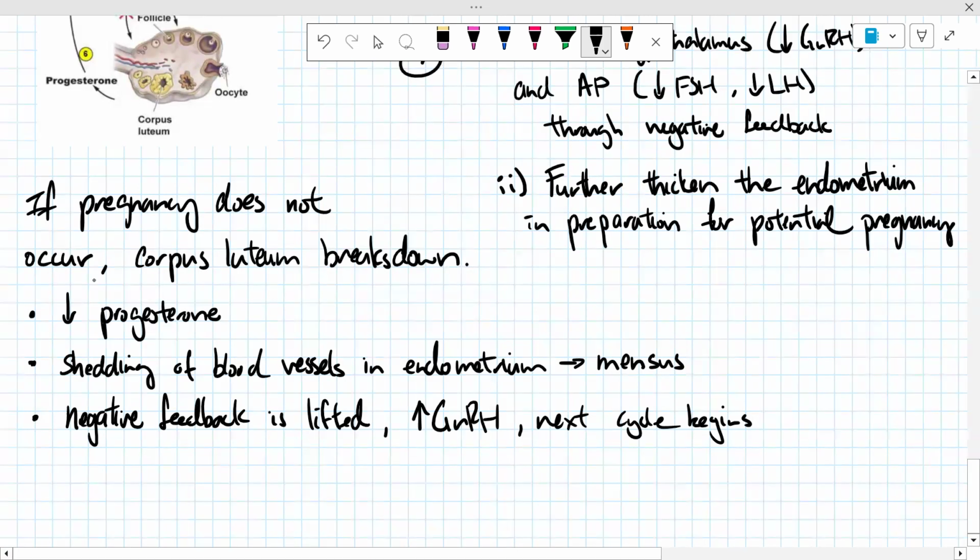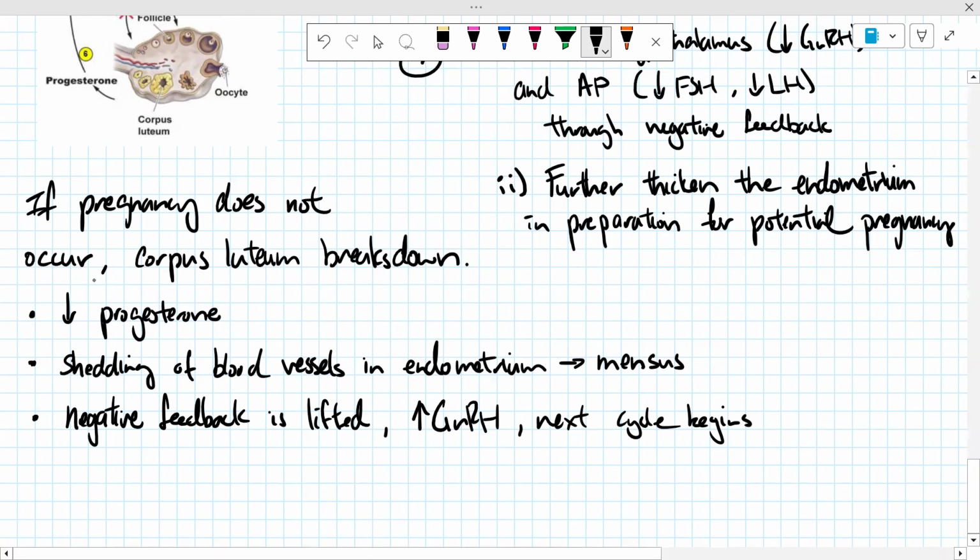Oh, because the egg is gone now. So we need another egg, right? We need to get another egg out of the ovary so that there's another chance for pregnancy, another chance to have the egg in the system again.